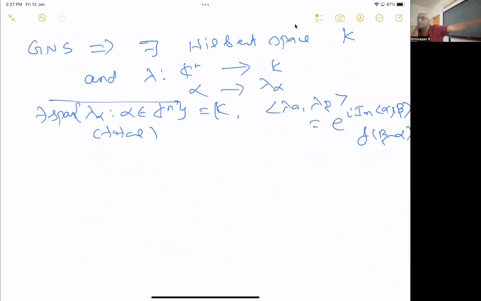On this, we try to get a Weyl representation of it. Then we use the Stone-von Neumann theorem to bring it to the Fock space, and we get a K. And using that, we try to get a state. We evaluate the vacuum state on this Hilbert space. The vacuum state will correspond to lambda of 0. So we use that vacuum state in this Hilbert space K to get the corresponding state.